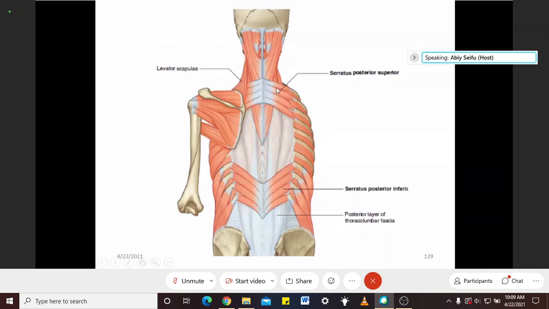Look, this one is the serratus posterior superior, which is deep to the rhomboid muscles, and this one is the inferior one, which is deep to the latissimus dorsi muscle. This one is used to depress the ribs, whereas the superior one is used to elevate the ribs.